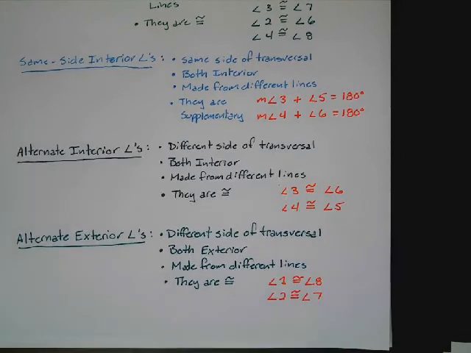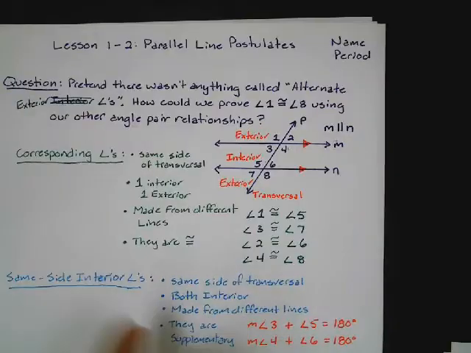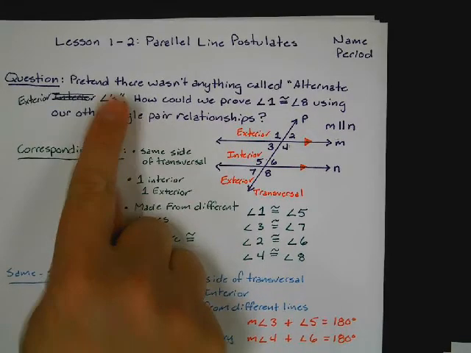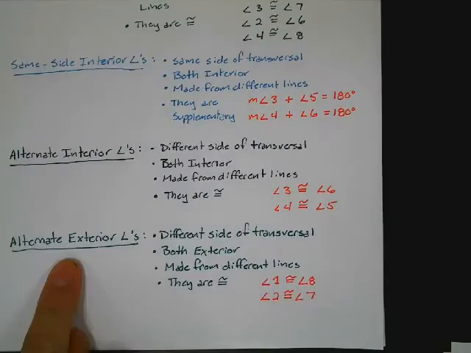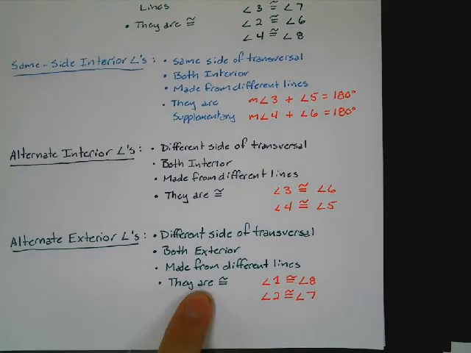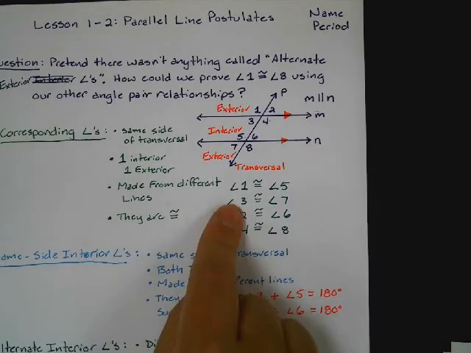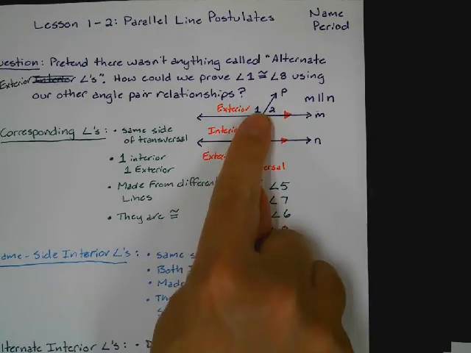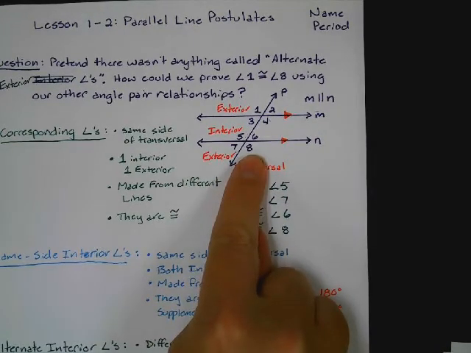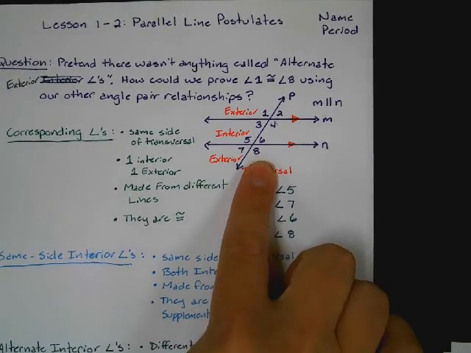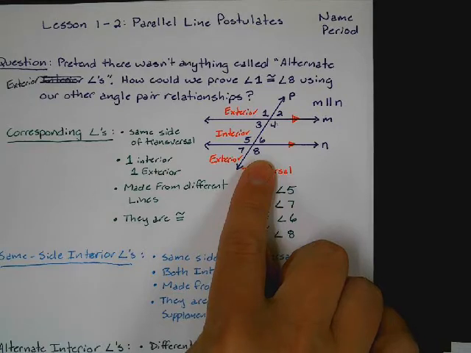Now, your question that you're supposed to answer at the end of your notes is, let's pretend there's no such thing as alternate exterior angles, okay? And we know they're congruent. So if we didn't know that, how could we still prove that angle 1 and angle 8, which are alternate exterior angles, are congruent without using alternate exterior angles?